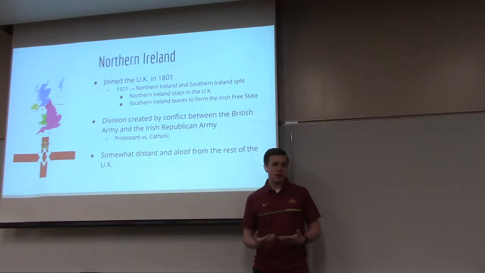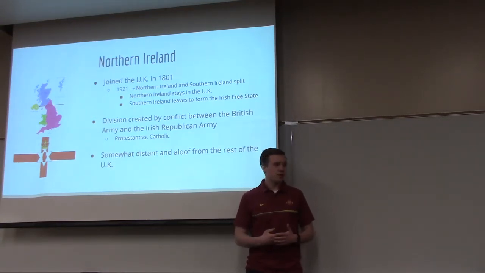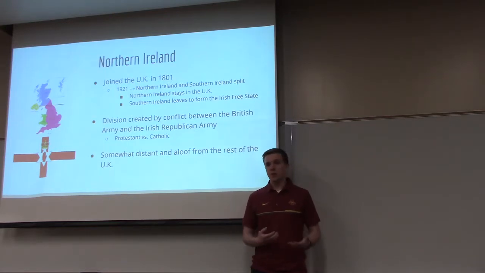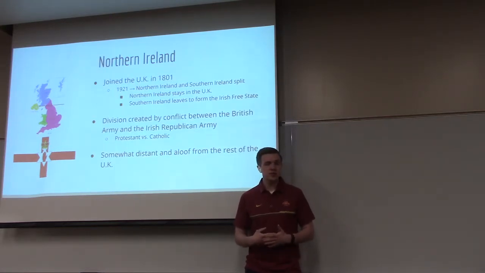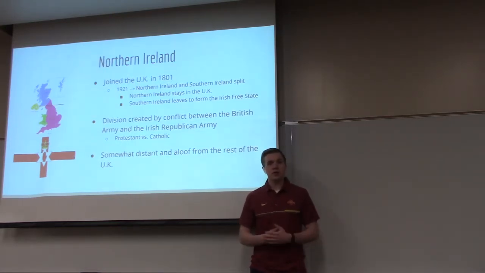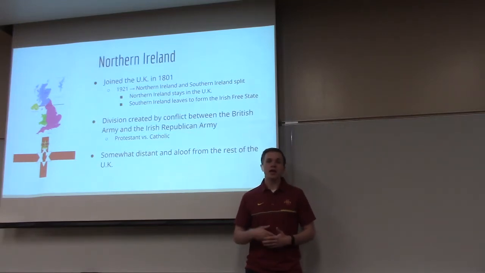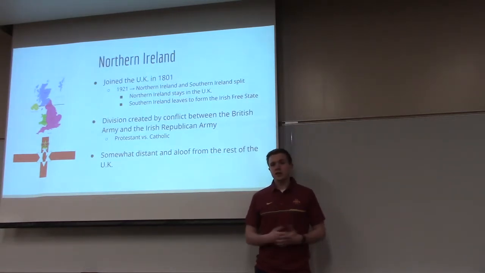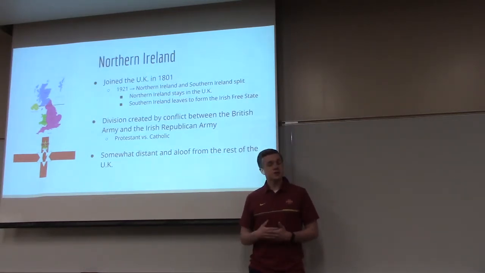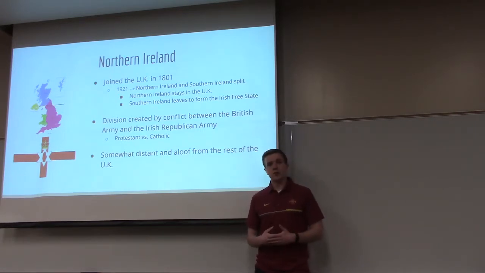The division was created by a conflict between the British Army and the Irish Republican Army, and this was primarily over religious reasons. Southern Ireland was very Catholic, and Northern Ireland was very Protestant, which caused rifts between the two. And in the case of the UK today, Northern Ireland is somewhat aloof and separated from the rest of the UK.